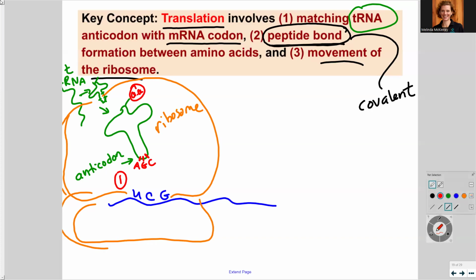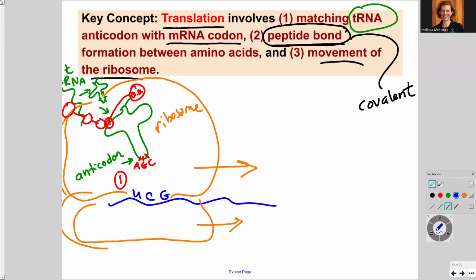So say I have a sequence that's already been growing, okay? Once the transfer RNA comes in, it's going to add on the next amino acid in the sequence. And then the ribosome is going to scoot on down and read off the next codon.